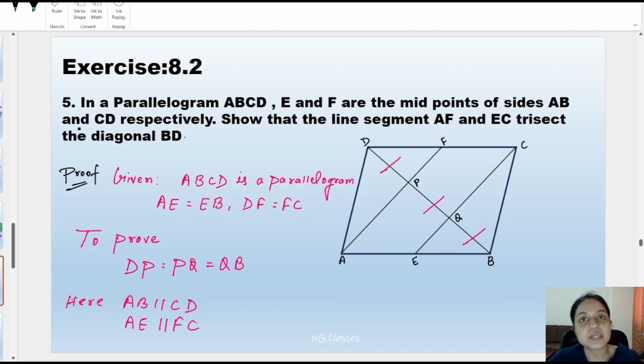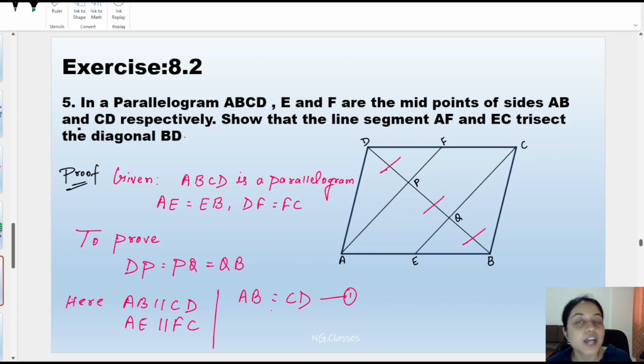Also AB is equal to CD. This is equation 1. Whenever we have an equation, we can add, subtract, multiply or divide both sides by the same number, and this way we are not disturbing the equilibrium of the equation.